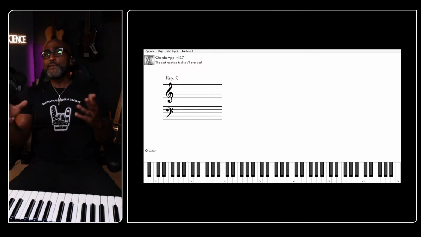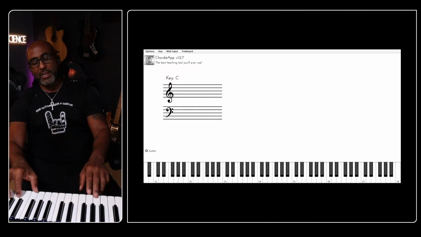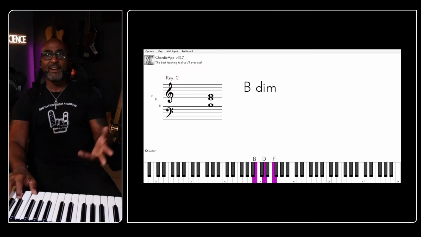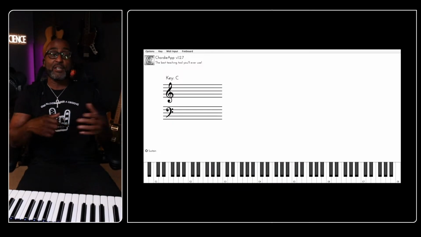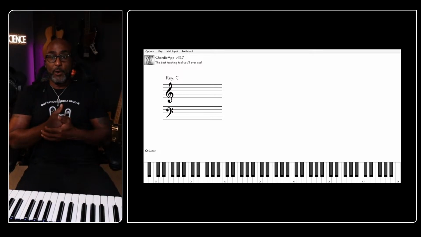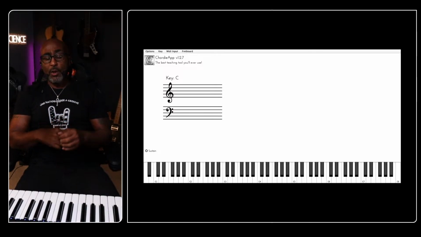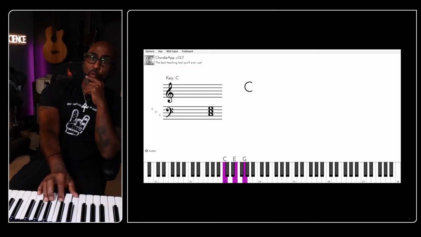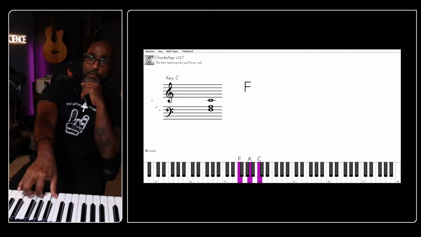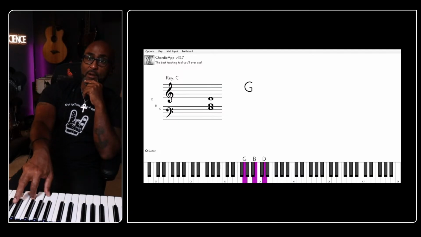So if you saw B diminished over G, you could just make an educated guess that they're just talking about a G dominant 7 chord. Okay? So 1 is major, 4 is major, 5 is major. Okay?